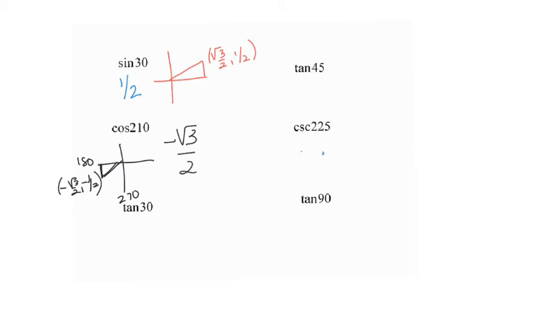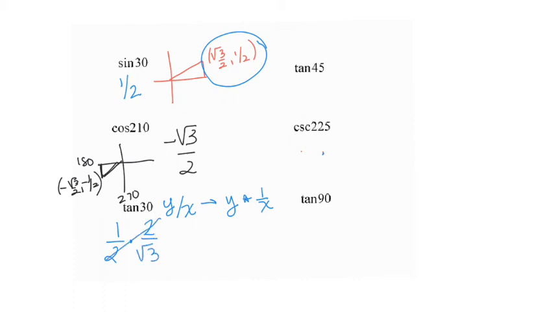Here are ones that trick everybody. The tangent of 30. I already have 30 up here. It's square root of 3 over 2, 1/2. Tangent is y divided by x. And to do fractions, we flip the second one and multiply. So y is 1/2. And then I'm going to flip this and multiply like this. These cancel.